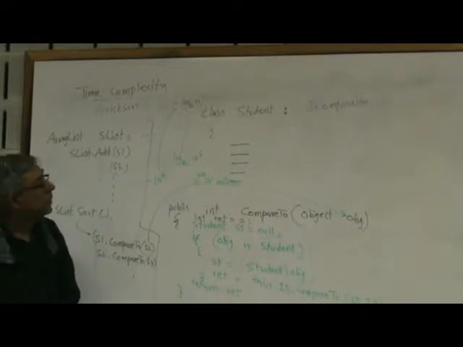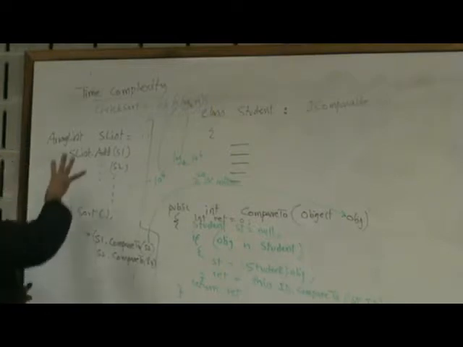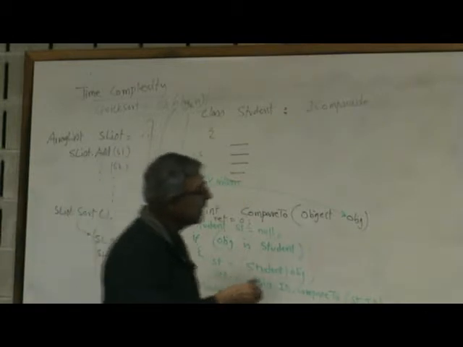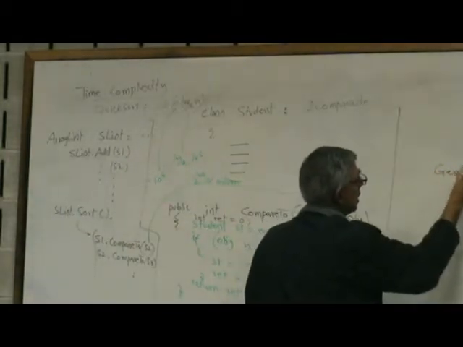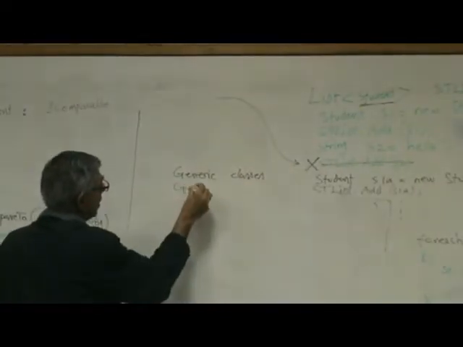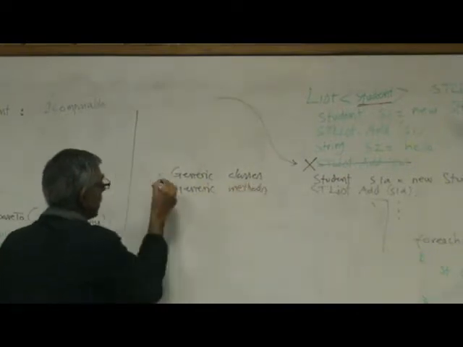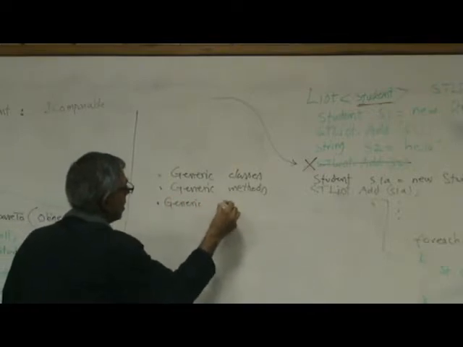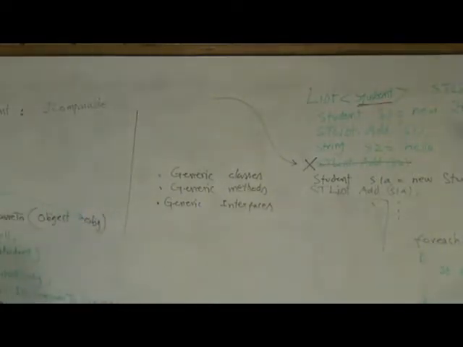Okay, so as opposed to, what if we use a list instead of an array list as an example, right? So just like we have generic classes, and we have generic methods, we also have generic interfaces to make our life easy, make it more efficient, right?